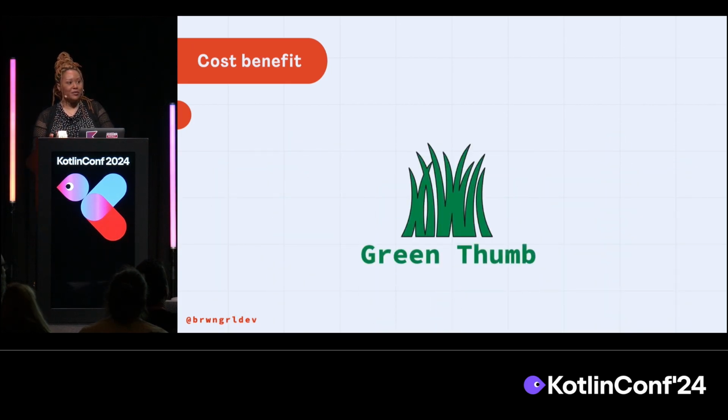And there's more cost benefits that you don't often consider as a developer, and that depends on the state of your company. So let's say your company is working to be acquired or to perhaps get some more investments, and you work for Green Thumb. This is a product that helps you not kill your plants by providing some sort of plant care advice.